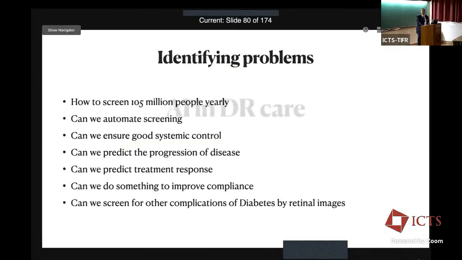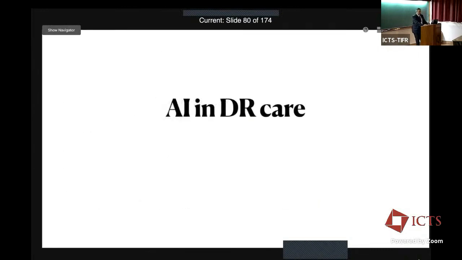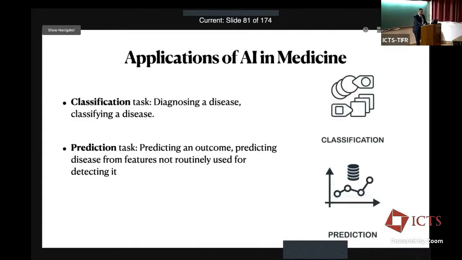And there came the role of AI in diabetic retinopathy care. I'm sure all of you now know that AI is used in medicine for two tasks. Either a classification task, where you try to diagnose a disease, and in diabetic retinopathy, either the presence or absence of retinopathy, or you classify the various stages: no, mild, moderate.